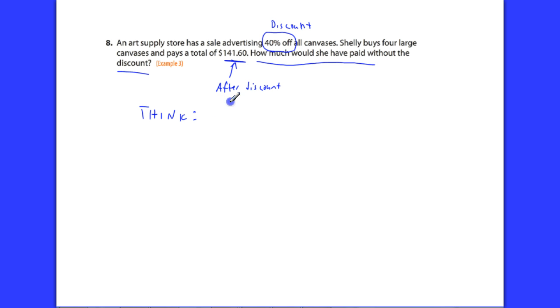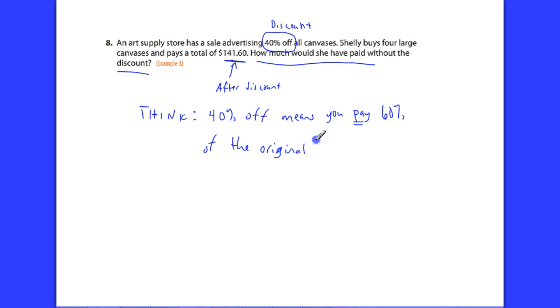Well, if you get 40% off, that means you pay 60% of the original. Now you have to really think of it that way to make this question a lot easier, I think.